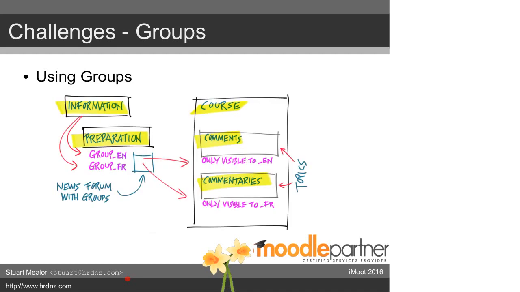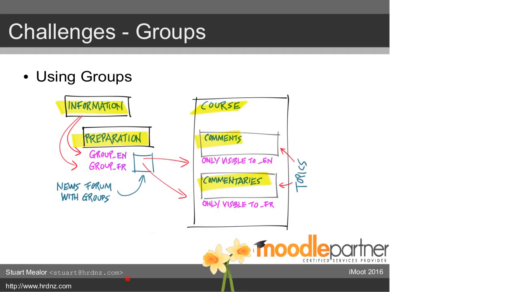We had our main information course, the preparation area that people then join using a group key. And then we have a news forum where we can interact with the people from the two different language groups. When they enroll in a course, each topic is replicated, once in English and once in French. And each is only visible to the correct group.